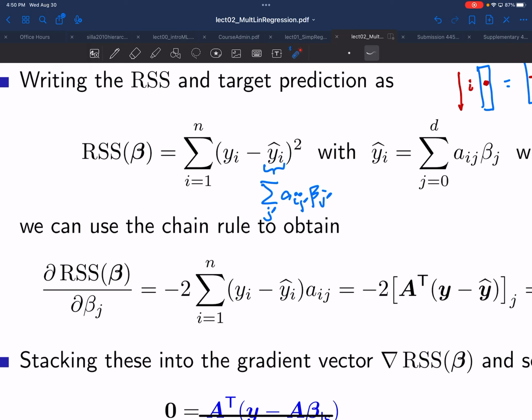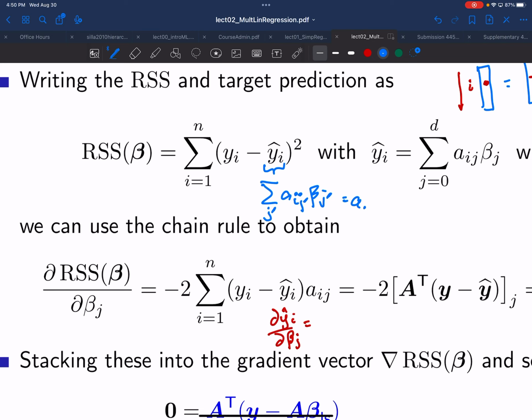So now that we have that straightened out, if I want to do this, d y hat i d beta j, how do I do that? Here's my y hat i. As you can see, this is a sum of a bunch of different terms. I'll write it out explicitly.